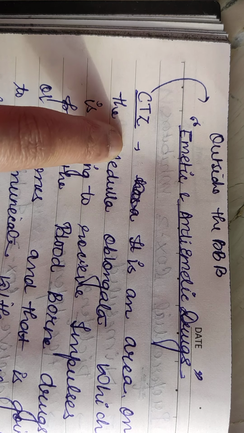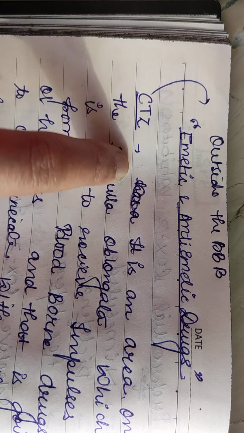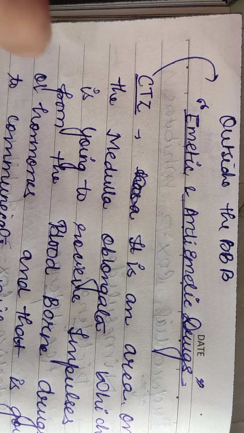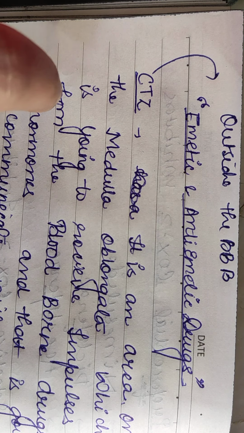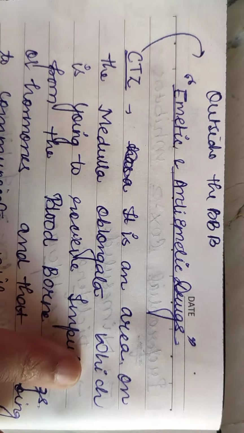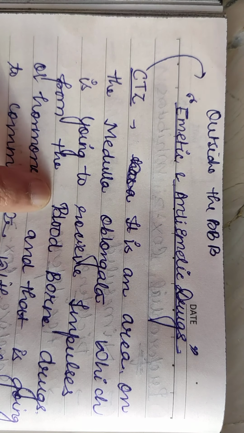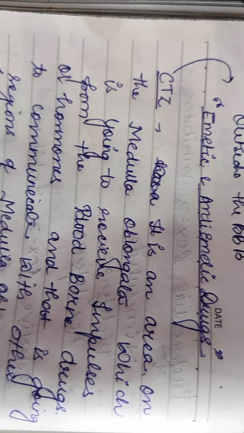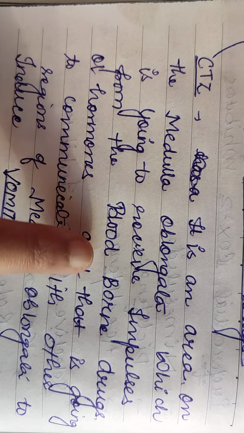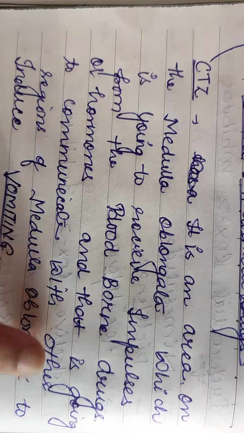chemoreceptor trigger zone. This is the chemoreceptor trigger zone, and this zone is mainly responsible for the sensation of vomiting. It is an area on the medulla oblongata which receives impulses from blood-borne drugs or hormones, and it communicates with the other regions of the medulla oblongata to induce vomiting.